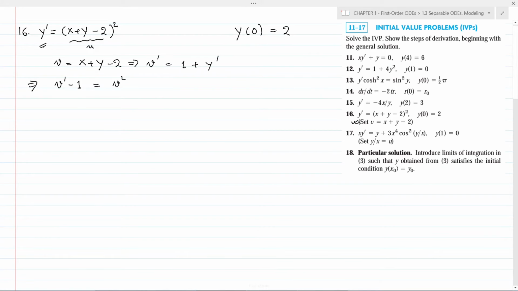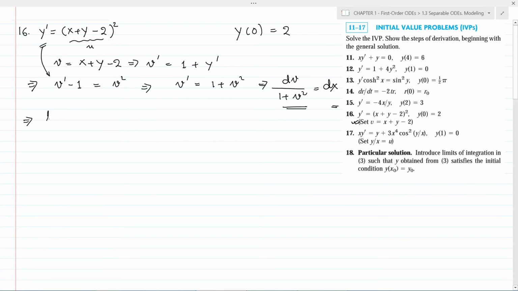We have replaced y' with v' − 1 and x + y − 2 with v. Then we can write this as v' = 1 + v², which implies dv/(1 + v²) = dx. We have separated the variables v and x.